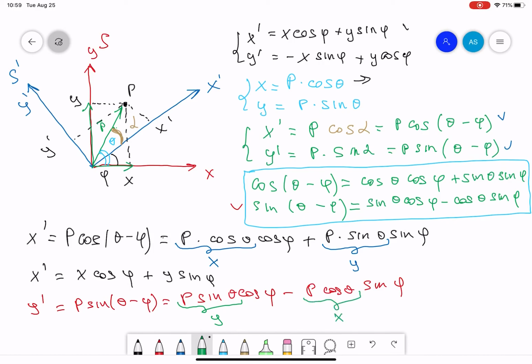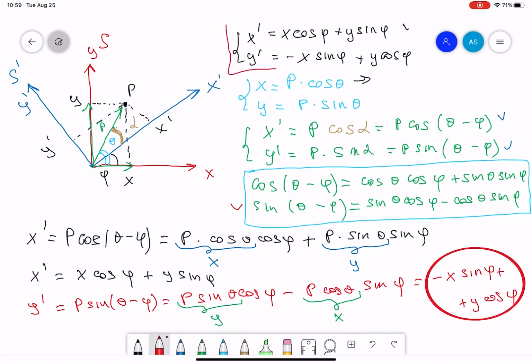So finally it is equal to minus x sine phi plus y cos phi. So we have proven this equation, that x dash is equal to x cos phi plus y sine phi, and y dash is equal to minus x sine phi plus y cos phi.